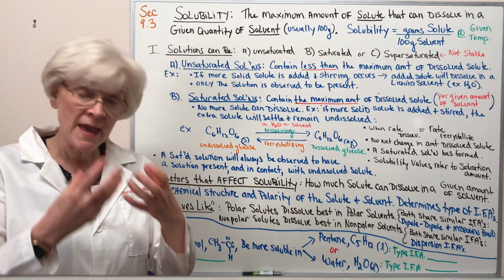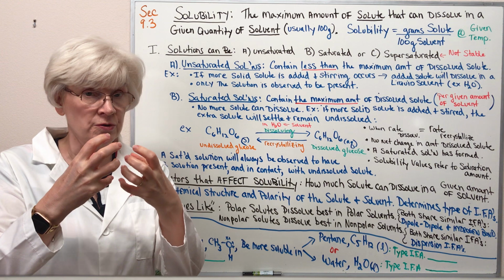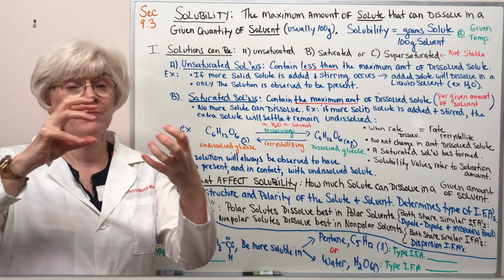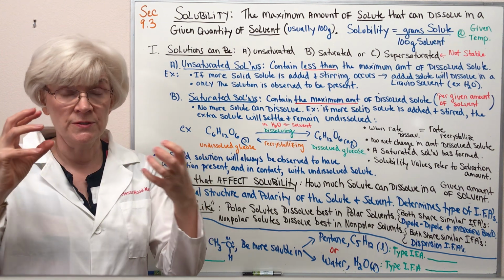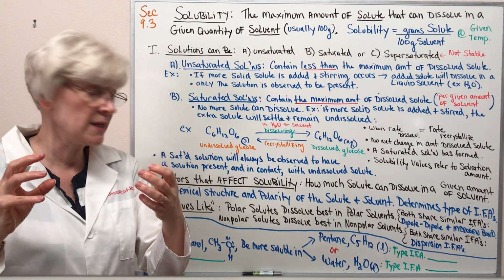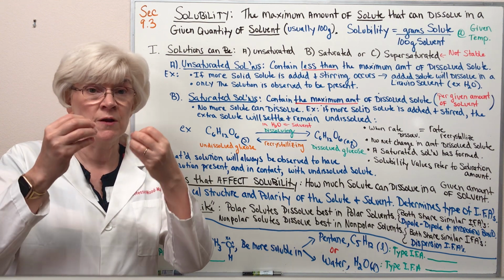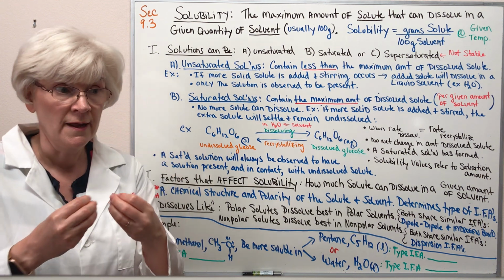In order to make a solution, you have to take the pure solute substance and separate its molecules or particles from each other, which means that you have to break intermolecular forces of attraction within the solute.